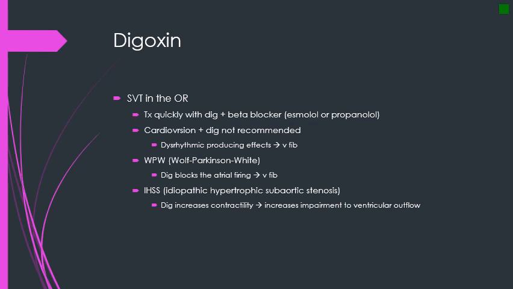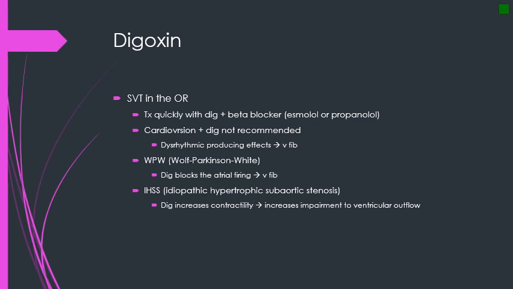We'll give some Esmolol to try to convert it quickly, and then you can also cardiovert the patient, but if you're going to use digoxin, you don't want to use it in addition to the cardioversion because you can put the patient into VFib. So if your patient goes into SVT in the OR, typically what we do is we grab the Esmolol and call for the defibrillator, and we give the Esmolol to see if it will convert the patient, and then we cardiovert them.